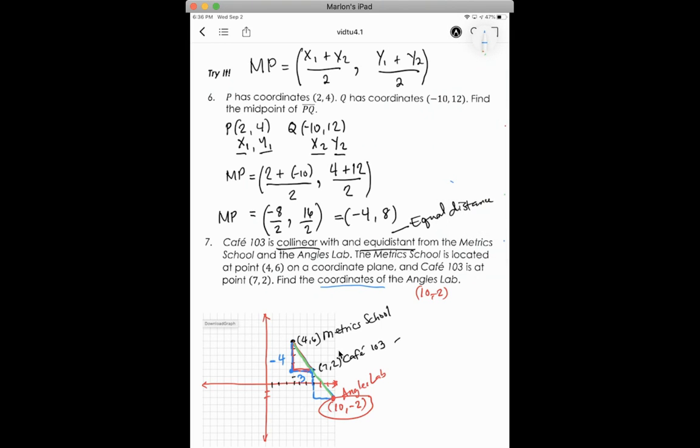So we add 4 and 10 divided by 2, and of course our 6 and negative 2 over 2. We get 4 plus 10, 14 over 2. We get 6 plus negative 2 is positive 4 over 2.